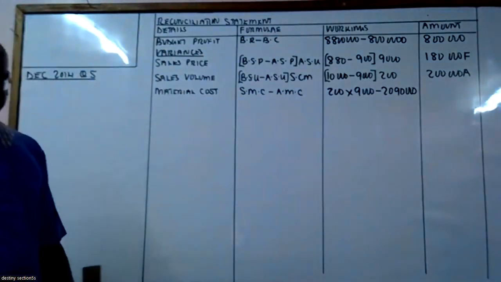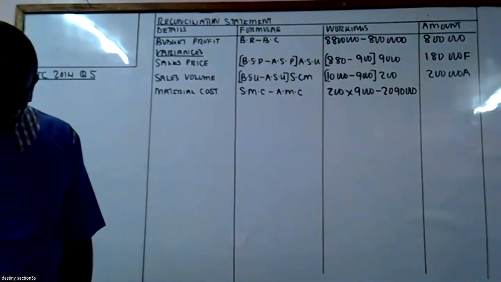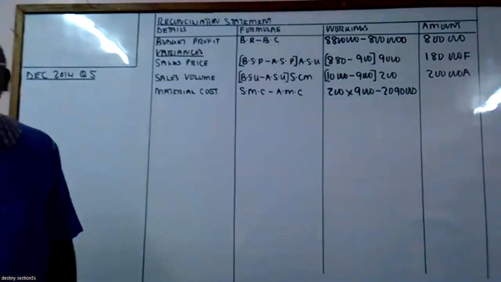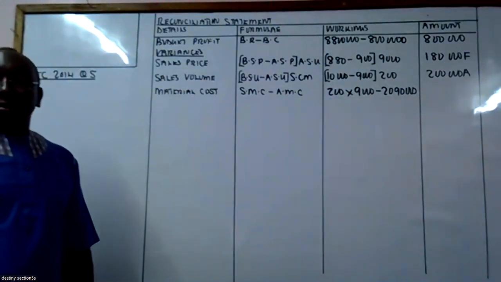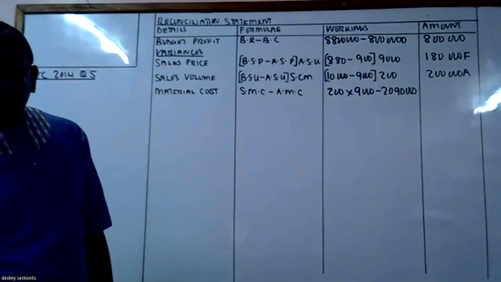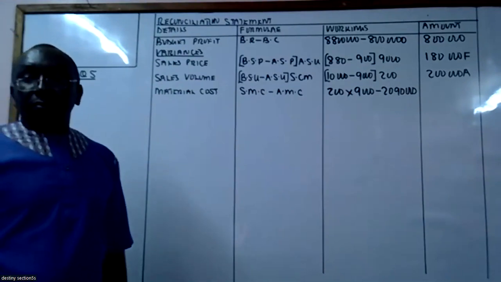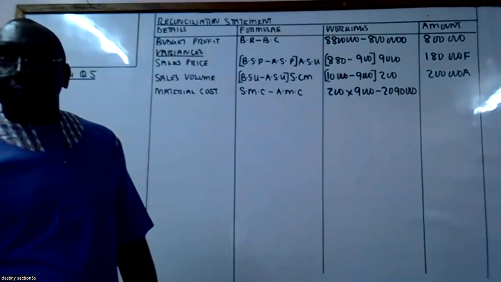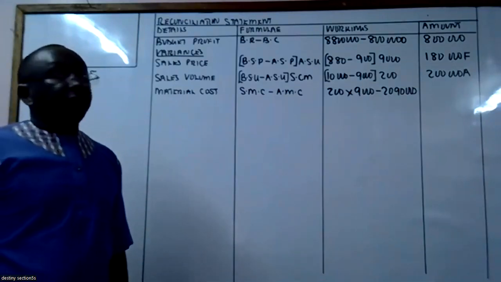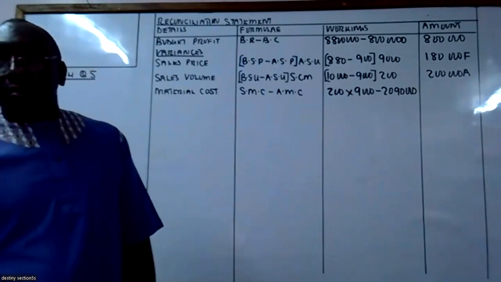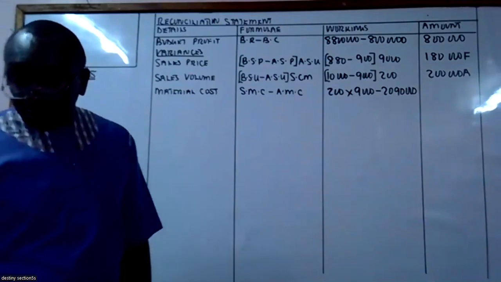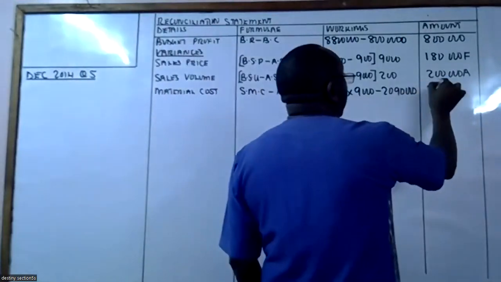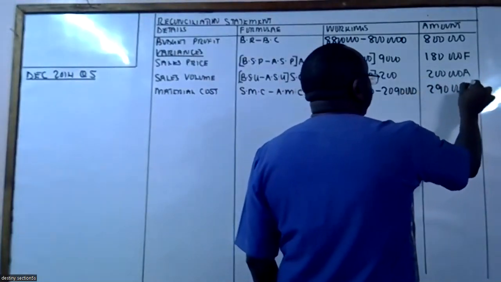Tell me the difference. The difference is how much? 290,000 and is adverse.